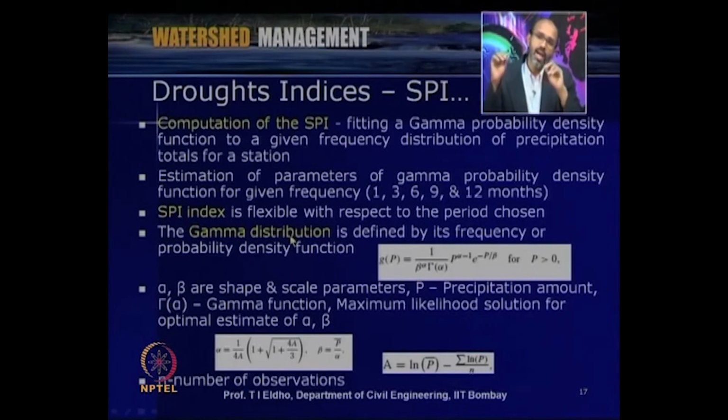So, for a particular watershed or river basin, depending upon the number of observations available, we can derive this SPI, the standardized precipitation index, and then identify whether there is any possibility of drought, whether it is moderate, severe or extreme.